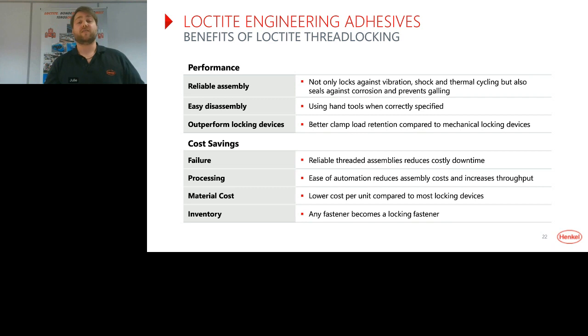Locking devices can be significantly costly per item. Using a Loctite thread locker is cheaper per unit produced. And also, as mentioned earlier, with using traditional locking devices, you have to have a large inventory for the different sizes of bolts that you're using, whereas the Loctite thread locker is a single component, one size fits all solution.